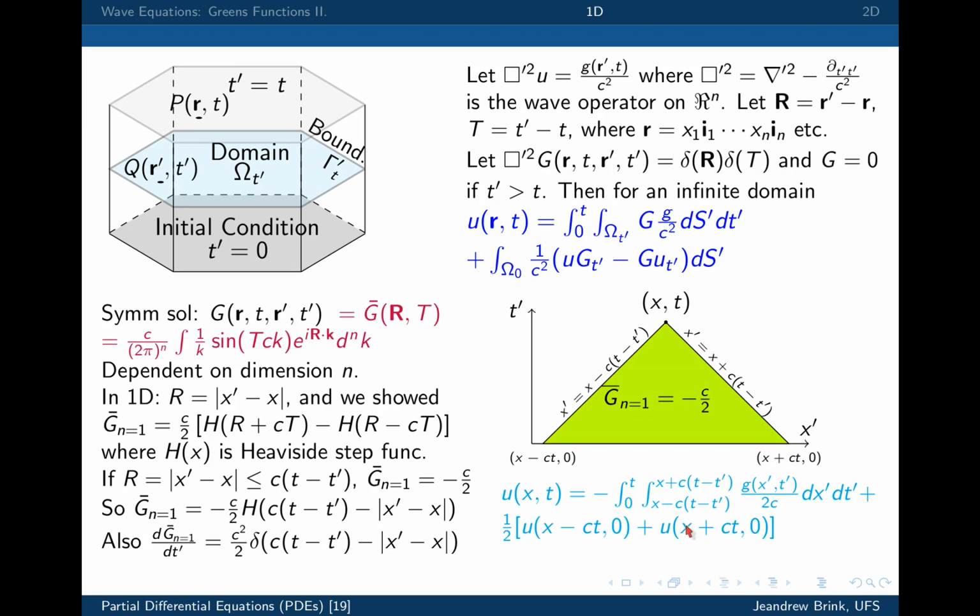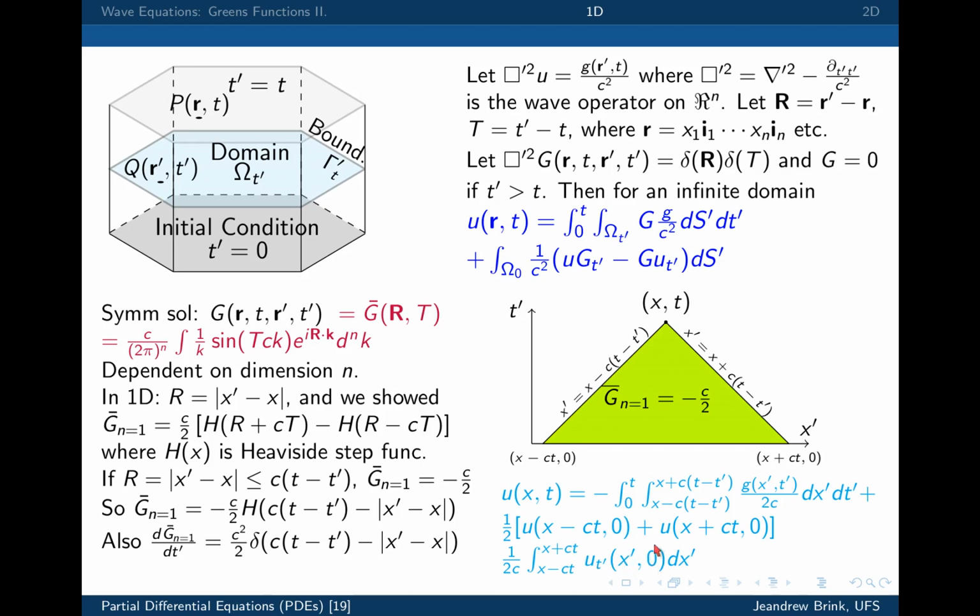Okay, and so you basically have the function being evaluated at those 2 points due to the definition of your delta function. And then the final term is the contribution of the derivative of your initial condition, and that is merely minus g, so that is minus minus, so it's plus c over 2 divided by c squared, so it's 1 over 2c, and then it's the integral along this whole line, so it's x minus ct to x plus ct times the derivative of u with respect to t at x prime and 0.